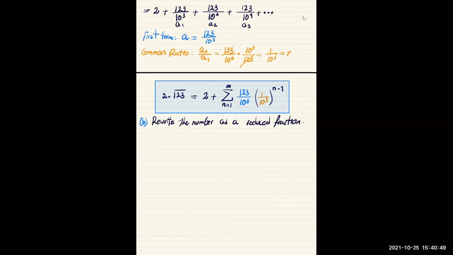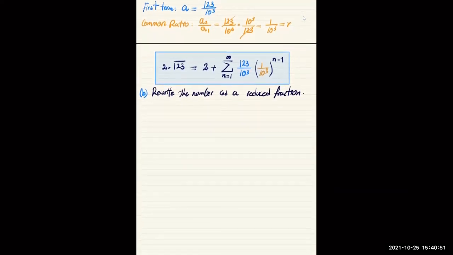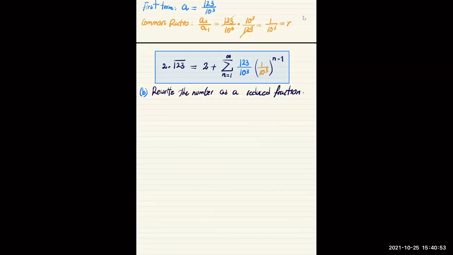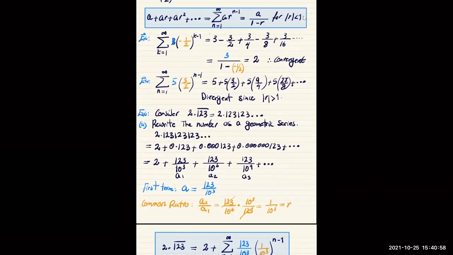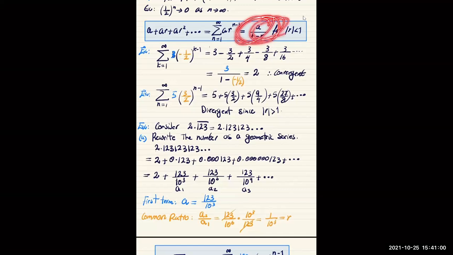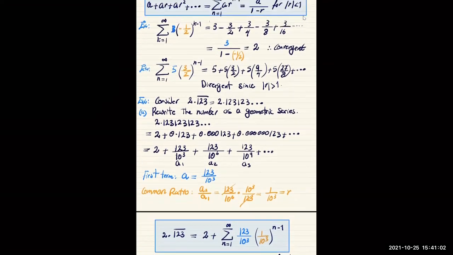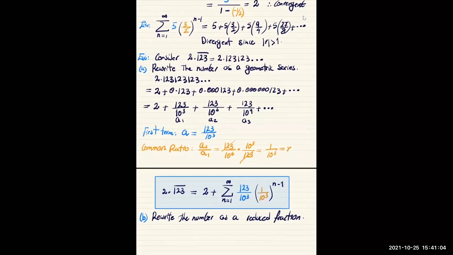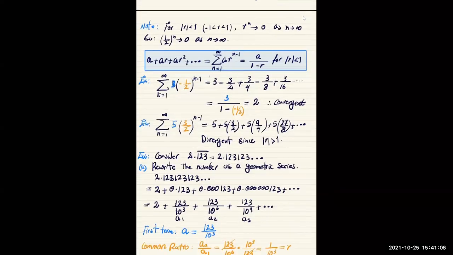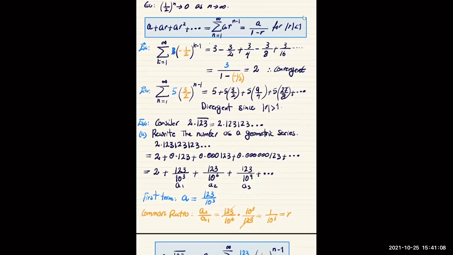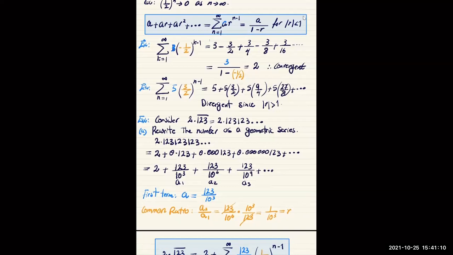Okay, so all I have to do is use the formula for the sum of a geometric series to get the sum of the series. Let me also use some colors here. This A is in blue, R is in orange.